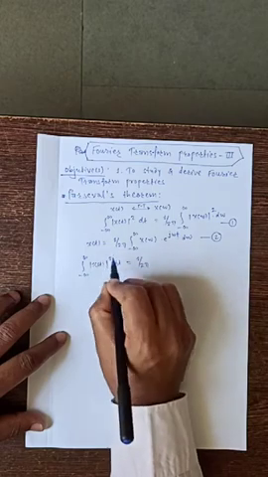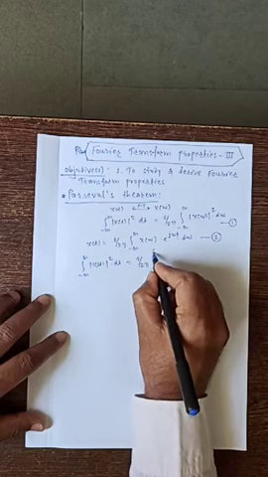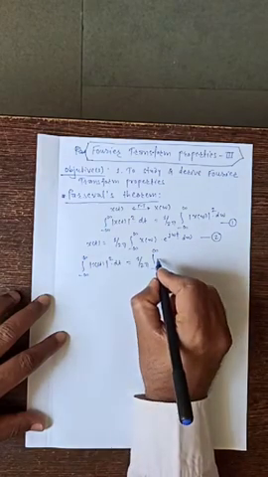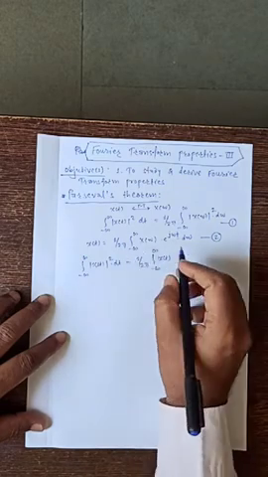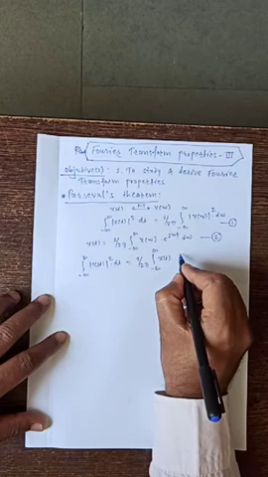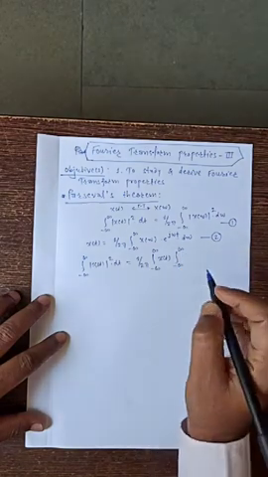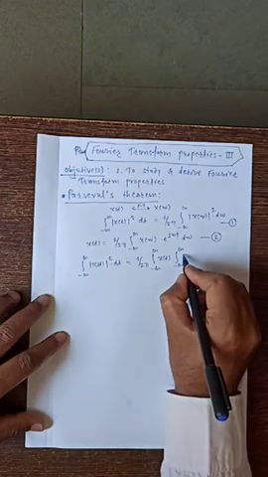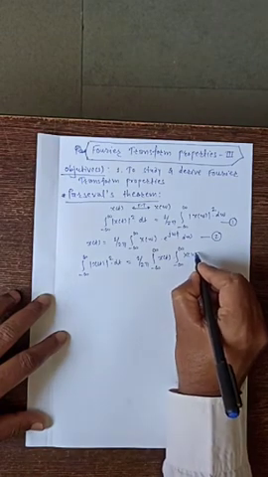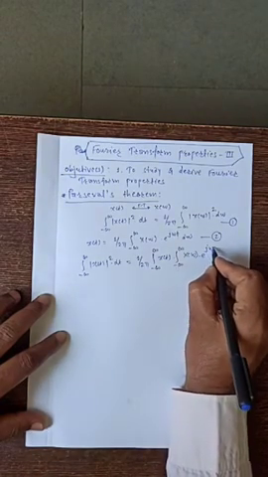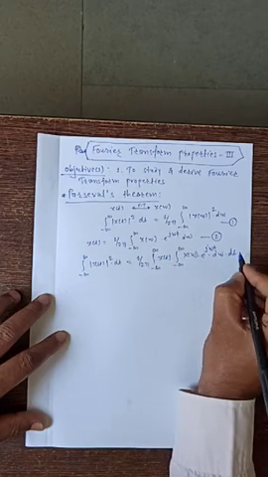Now I am putting this value of x(t) into this: 1 over 2 pi integration from minus infinity to plus infinity of x(t), the original x(t), and in place of another x(t) I am putting equation number 2, that is integral from minus infinity to plus infinity of X(omega) e raised to j omega t, d omega and dt.